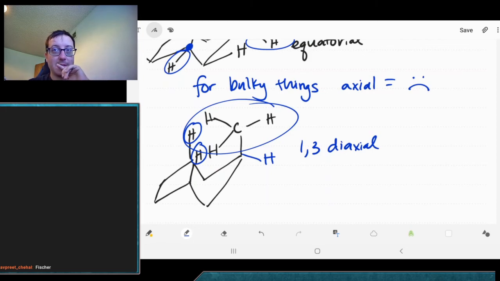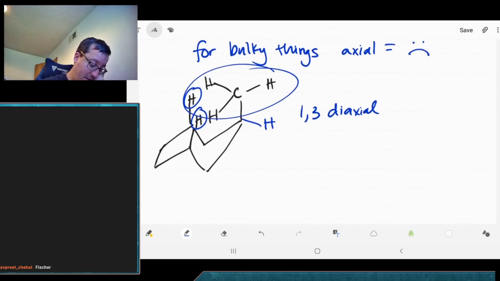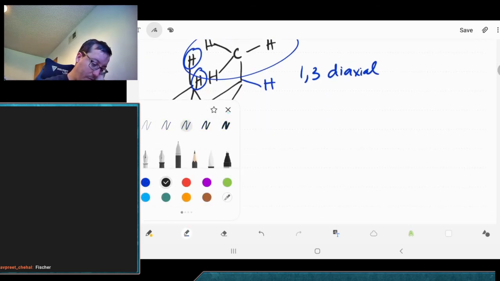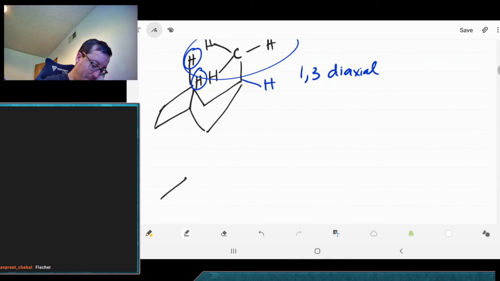And in fact, these chair conformations are not static. We will find out that these chair cyclohexanes will very often undergo a chair flip. Every time I draw these, they get more and more lightning bolty. But here's our methyl group.